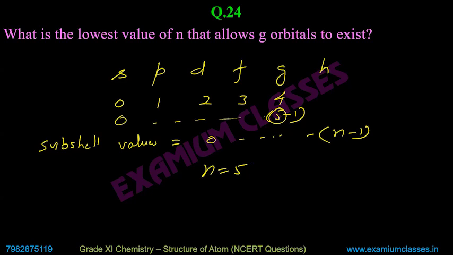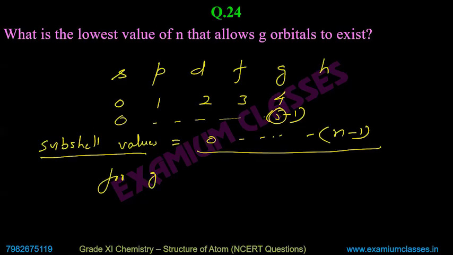If this question appears as a subjective question, this is how you will write it. You will say the subshell values are from 0 to n minus 1, and as for g, the l is 4. That is, n minus 1 is equal to 4, n is equal to 4 plus 1, that is 5.